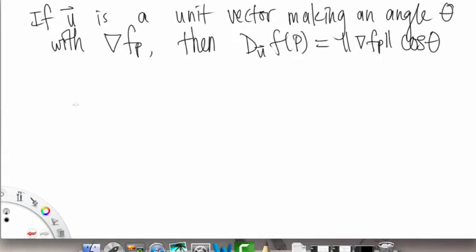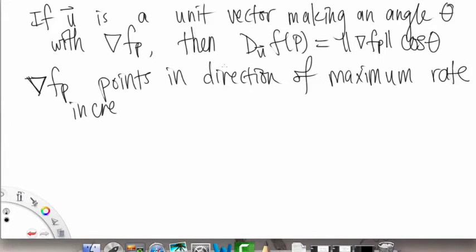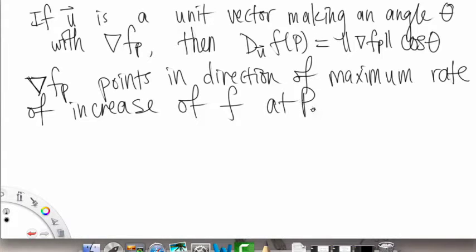So what we can say is that the gradient of f at p points in the direction of the maximum rate of increase of f at p.